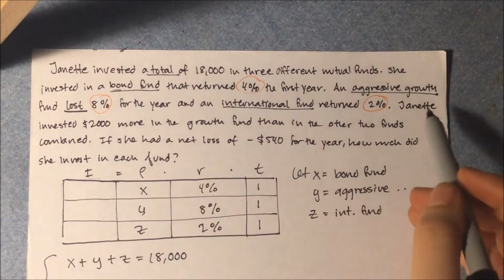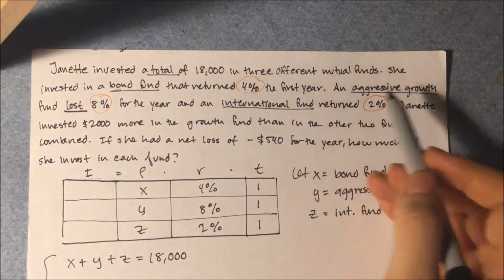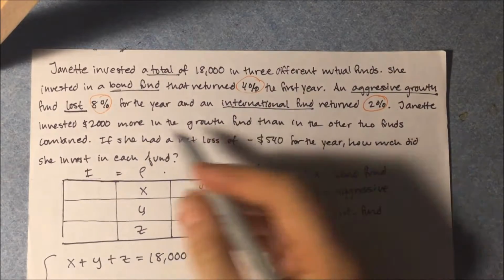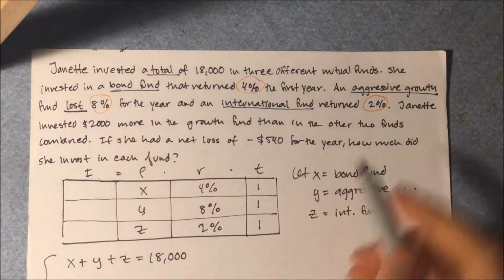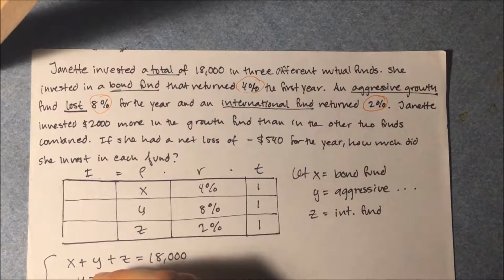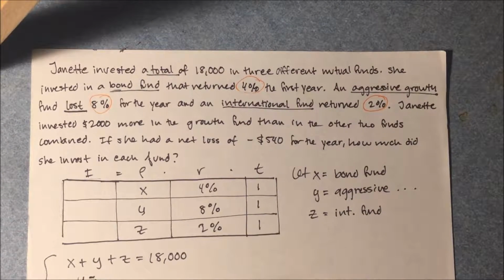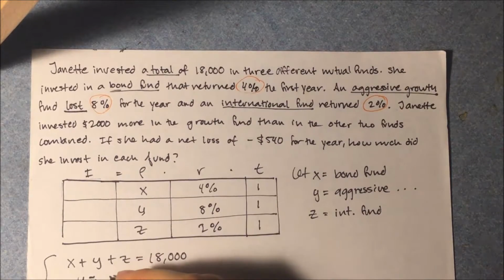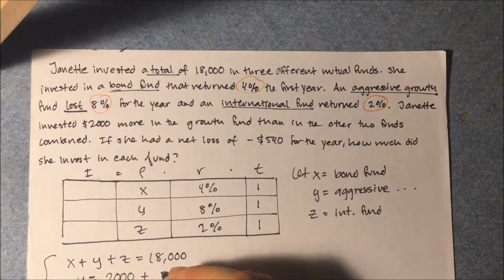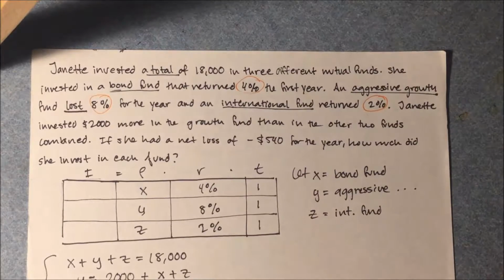Okay, so the aggressive growth fund is going to be $2,000 more than the other 2 funds. So I can write that as an equation. The aggressive growth fund is, right there's my is, going to be $2,000 more than the other 2, so more than X plus Z. Okay, good, I've got 3 equations down.